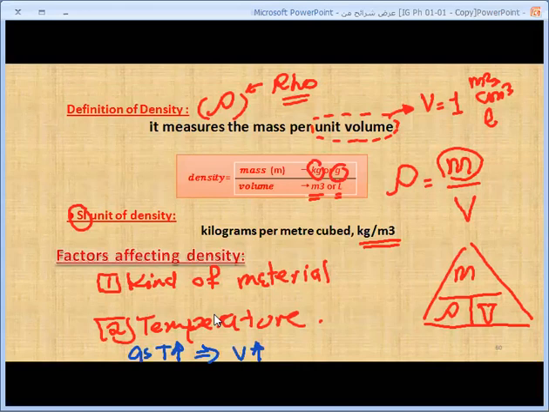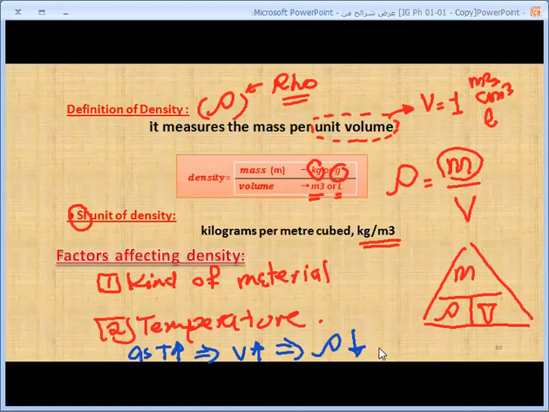Why? Because it expands. But here, the volume expands, but what happened to the mass when the object expands? The mass stays the same. Okay, expansion doesn't affect mass. So here, what will happen to the density? It decreases. So as temperature increases, the volume increases and the density decreases. So this is the effect of temperature.